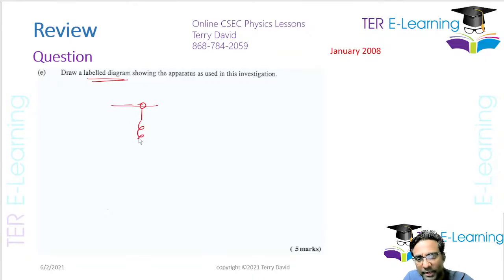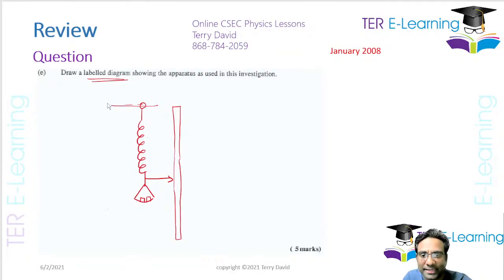You're going to draw your spring, then you're going to put something where we can put our weights. You're going to need a pointer, which will allow us to get some measurements. So you're going to draw a ruler on the side here, right? So they're telling us to draw a labelled diagram. So don't just draw the diagram and expect to get the marks.